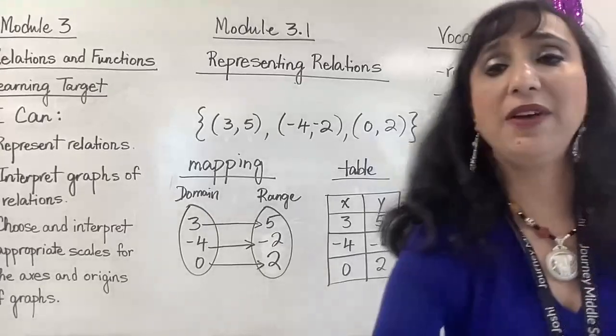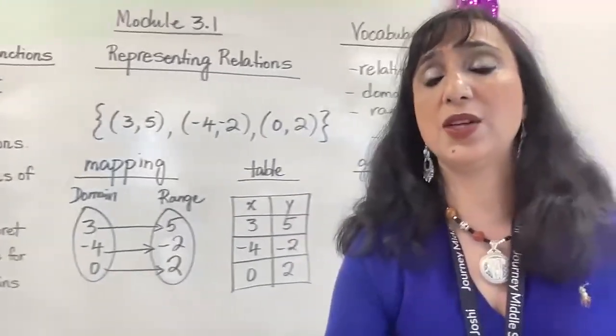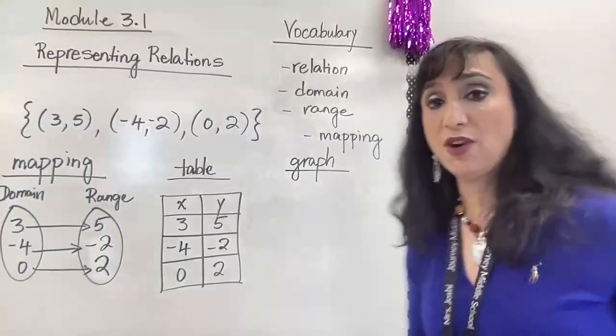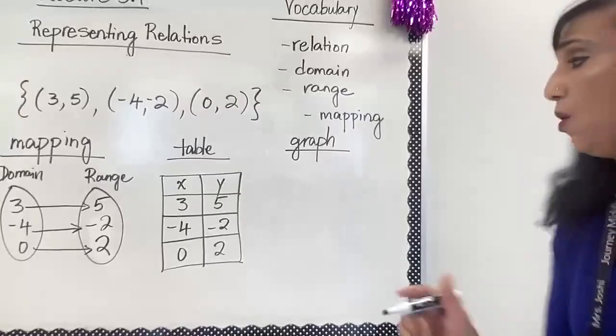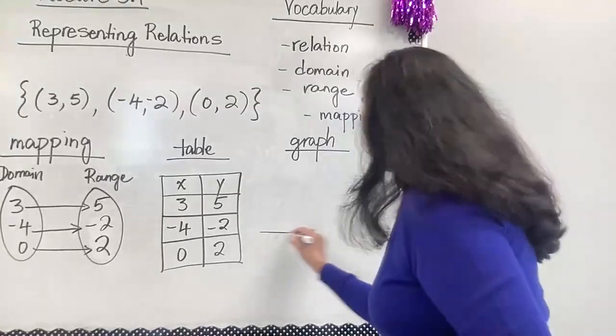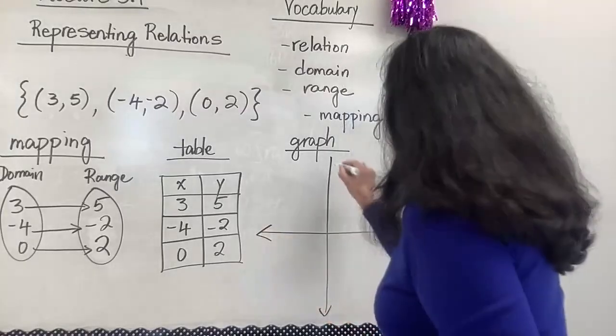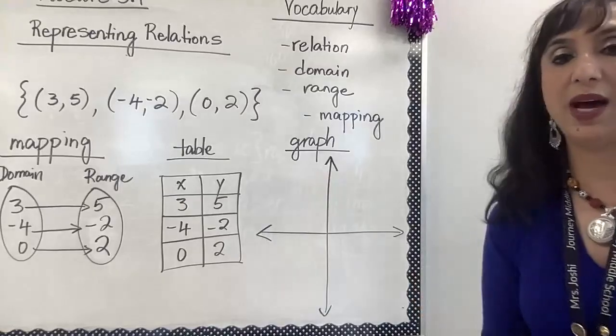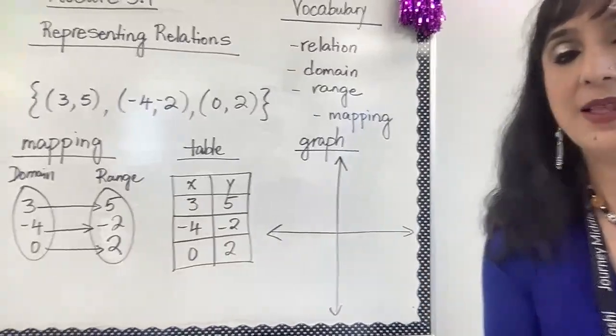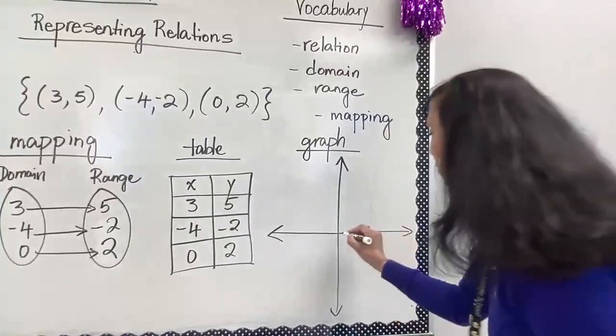And graphing is what we are using as the coordinate system, which we have already done. All right? So we are going to have the x and the y axis. We have the x and the y axis, and this is my origin.